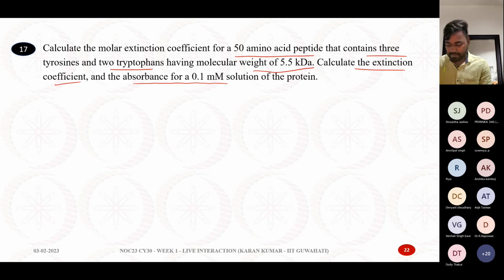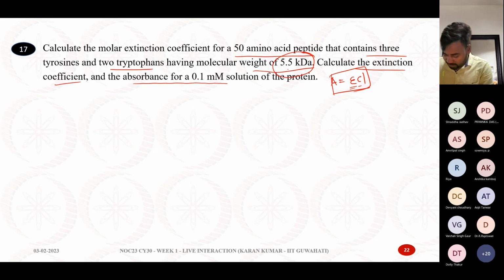How to approach it? Because this is related to UV absorption, Beer-Lambert's law will hold, A = epsilon c l. Do you think the molecular weight has any role in calculating the absorption? No, it does not hold any significance here. So this is extra information.